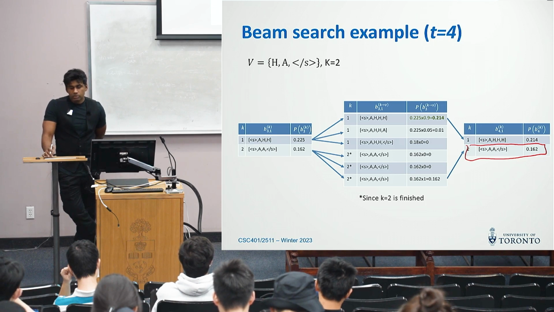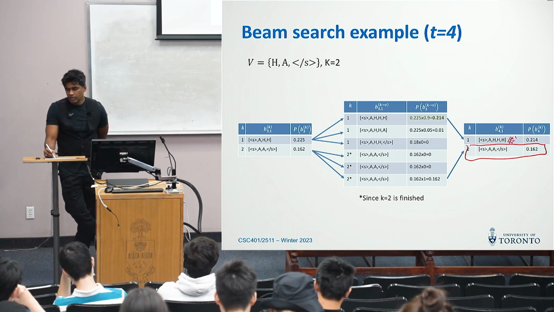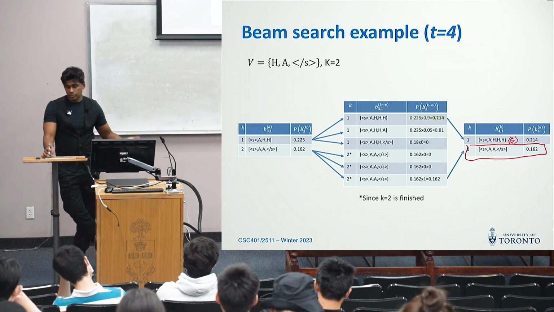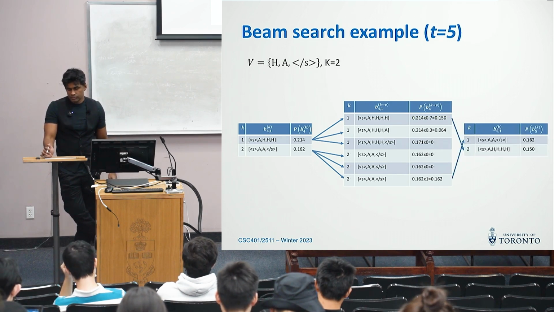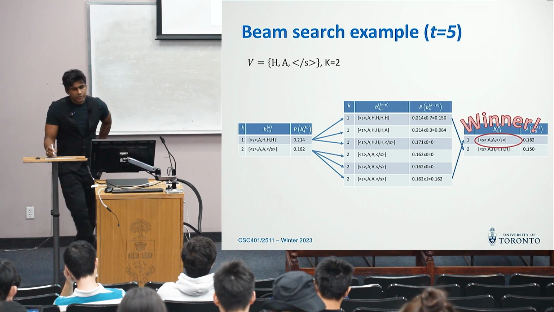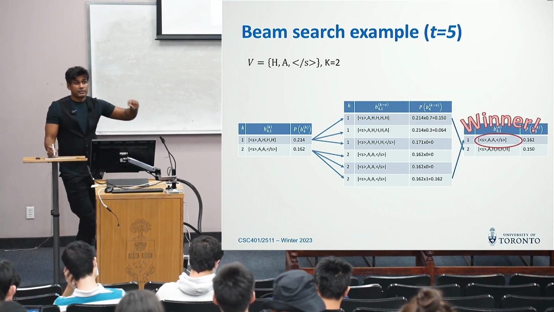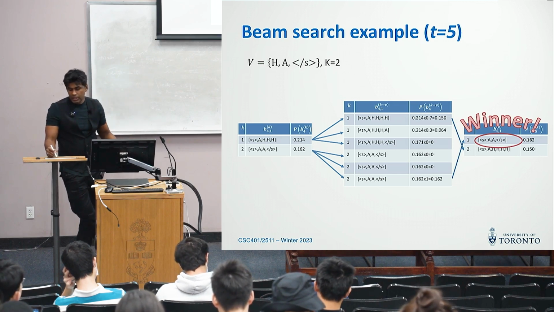Okay, so now we still have to continue because we haven't observed an end of sequence token in our most probable path. So we continue. And now, so what happened here? One of our completed hypotheses is now the most probable path. So we say that this is the end of our decoding process, winner.